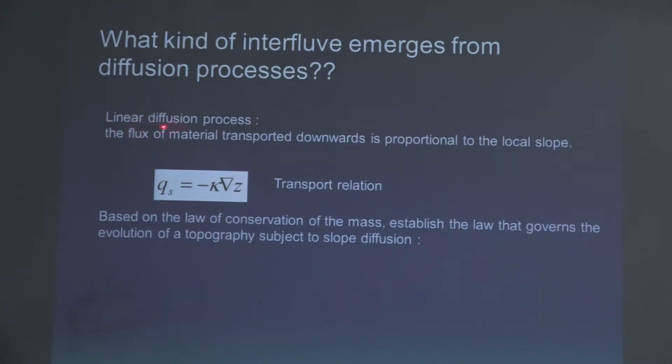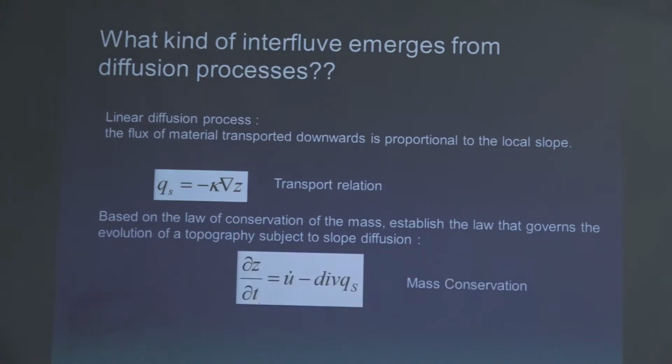Again, the flux of material transport downwards is proportional to the local slope. So it's what we saw just previously. And if we apply the law of conservation, we can say that the change of elevation of the hill slope will be equal, if you have uplift, to some uplift term, and mostly to the divergence of the sediment flux.